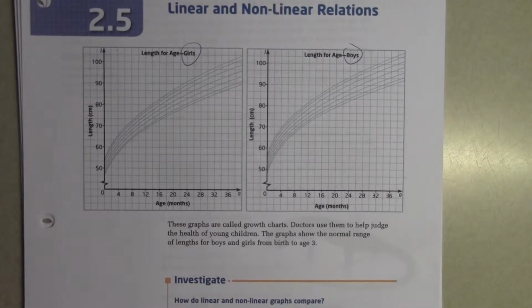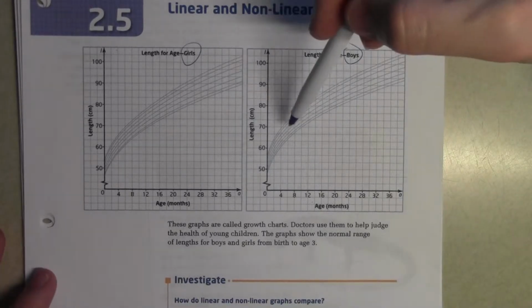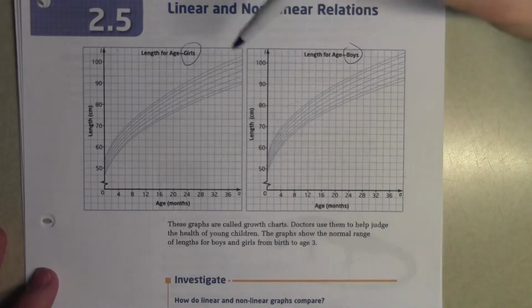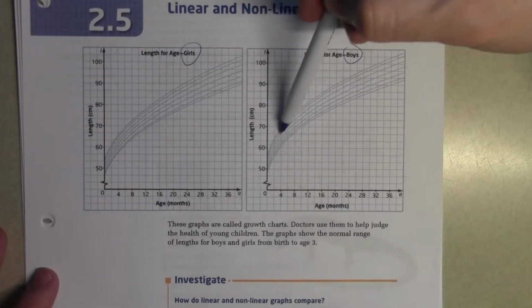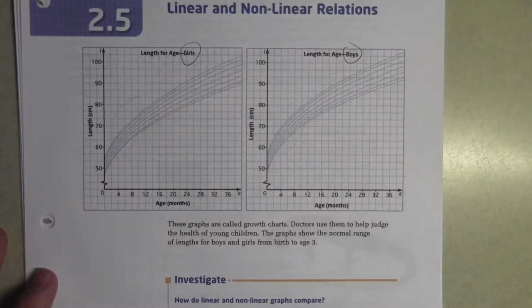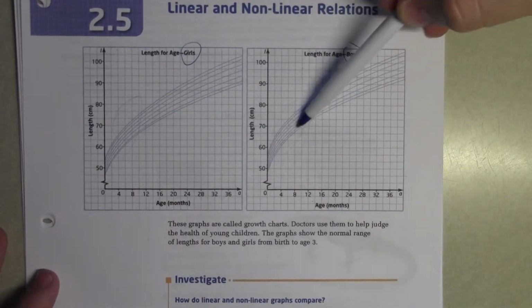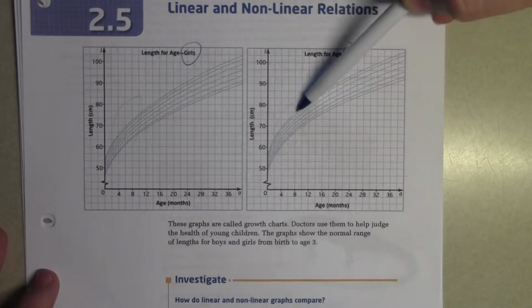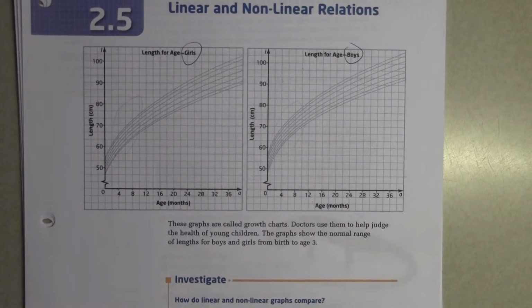The girls seem to, at around a year, seem to be growing a little bit slower than the boys. Yeah, I would say even before that, right? Even here, this part of the graph is moving upwards quicker than this part of the graph, right? Can you see that? There is a slight difference in the slope. You guys see that? Okay, so the young boys are growing quicker.